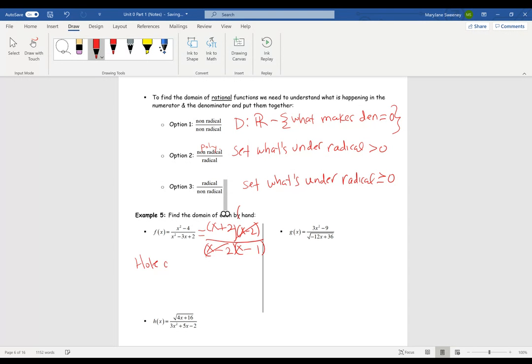So here we know there's a hole at x equals 2, and then there's still a vertical asymptote at x equals 1, because that's still somewhere where the fraction's undefined. So those are the two things that we can't have in the domain, because there's a hole at 2, there's a vertical asymptote at x equals 1. So domain would be all reals except for 1 and 2.